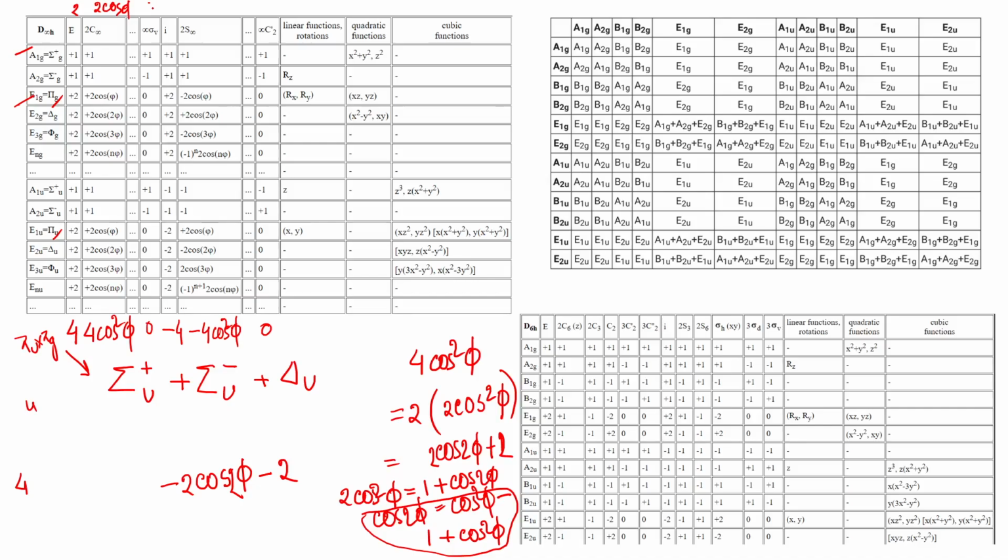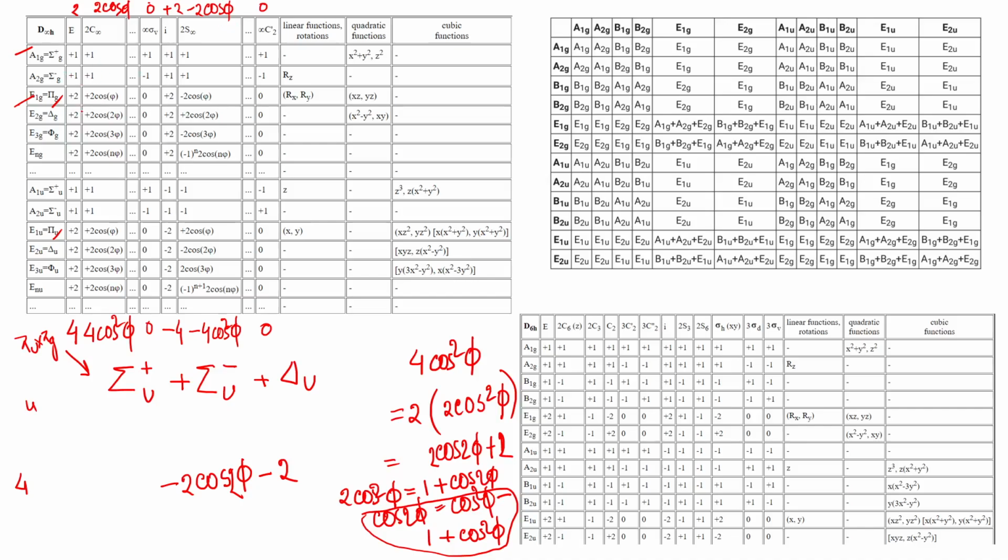Then how much? 0. Then plus 2. Then minus 2 cos phi, right? Yes. And then 0.